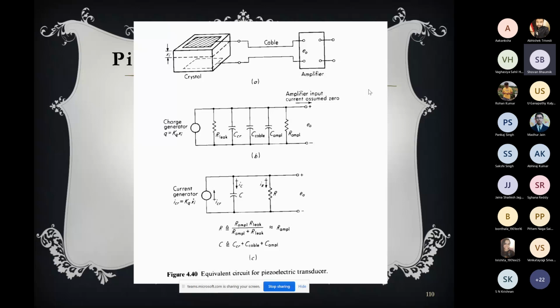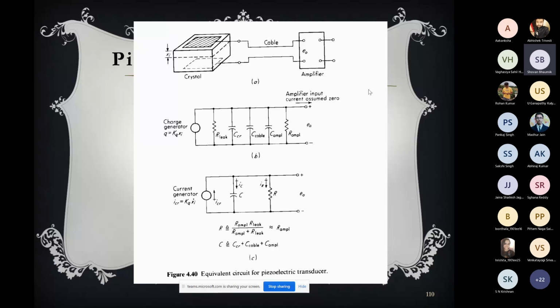Figure A is the full diagram of how you can construct a transducer from a piezoelectric material. So we have a crystal, we have a cable, and now we need an equivalent electric circuit. Without that we cannot proceed.